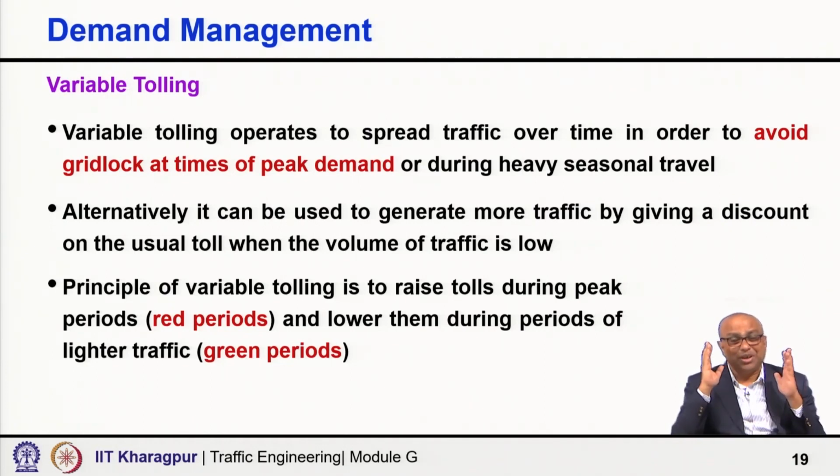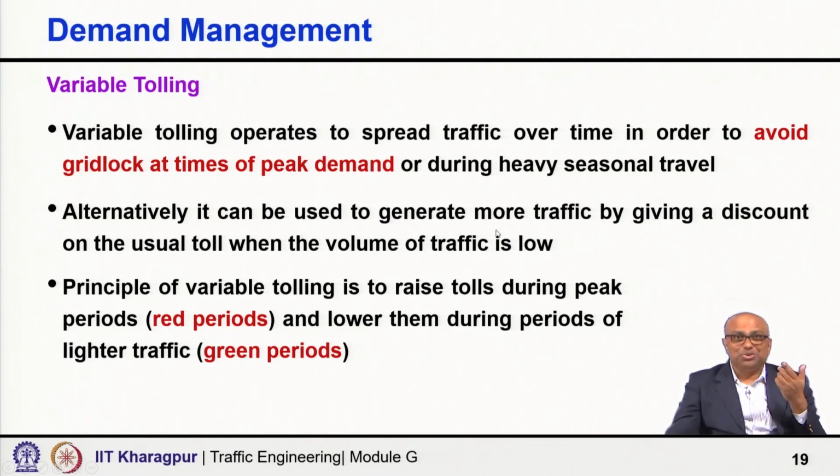The whole concept is, when congestion is there you charge higher, or give some incentives by charging less during the non-peak hour. So, variable tolling operates to spread demand over time in order to avoid gridlocks at time of peak demand or during heavy seasonal travel.